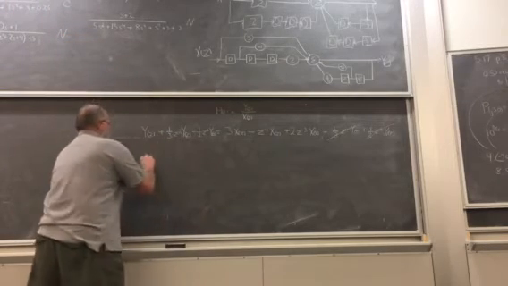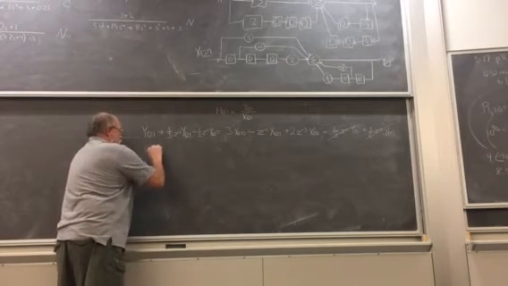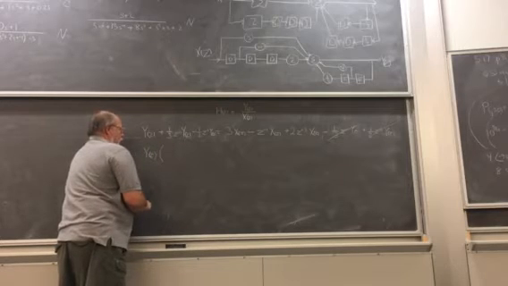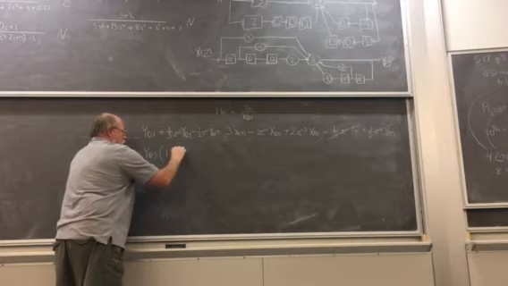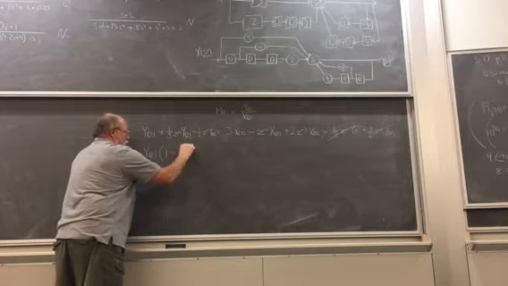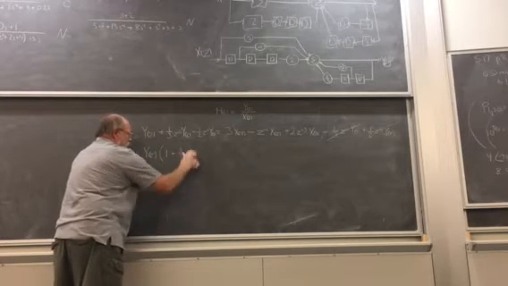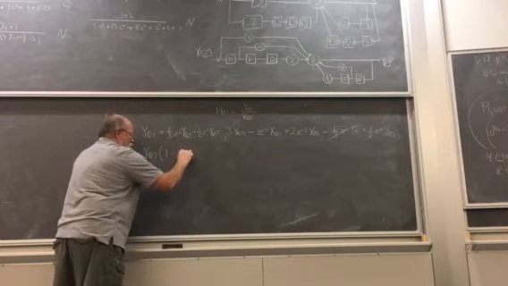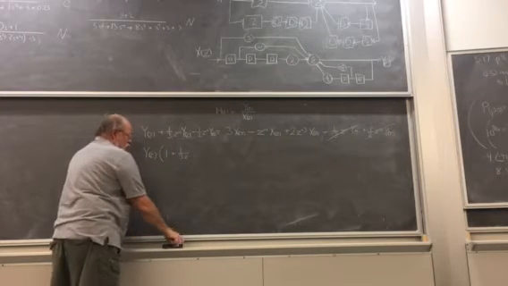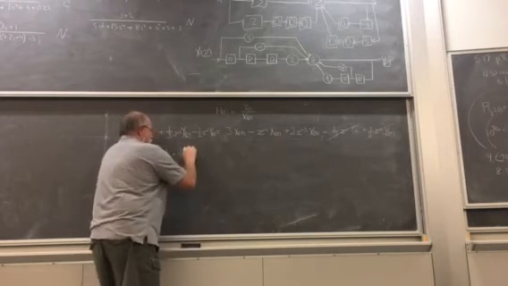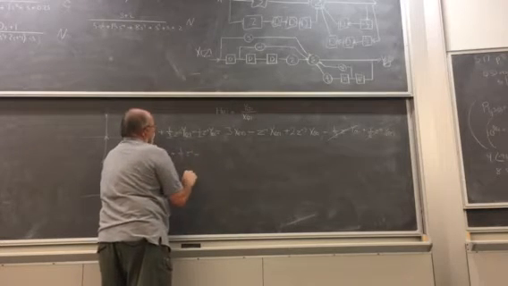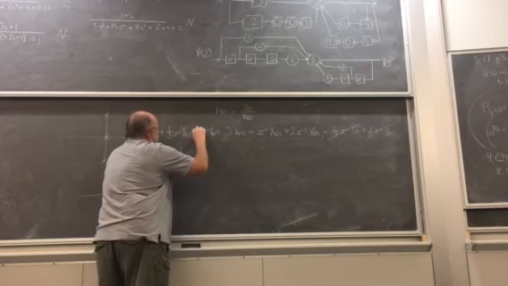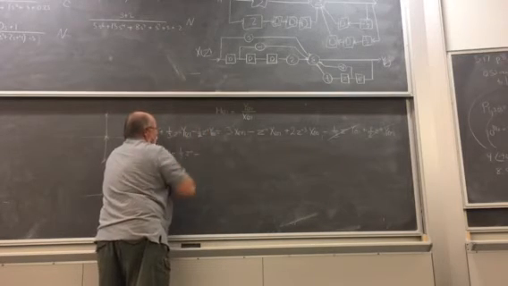And the x of z. What do I get? 1 plus 1/3 z to the minus 1, or this, either way, minus 2 z to the minus 2. There, how about that?